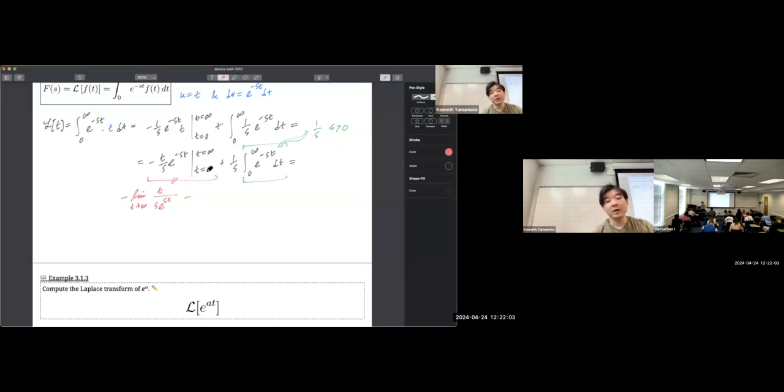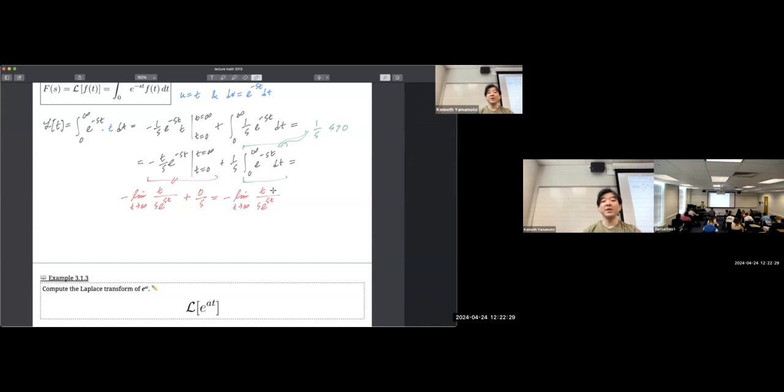Minus, we're going to plug in 0 into this. It's like minus of a minus, so it's a plus. And then it's going to be 0 times e to the 0, which is 1, over s. So it's going to be 0 over s, which is just equal to 0. So really, this thing right here is just equal to this.